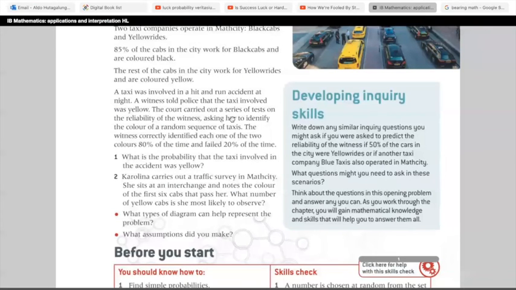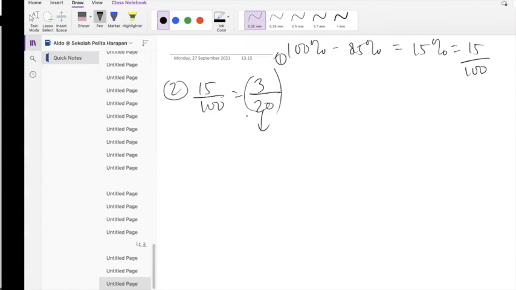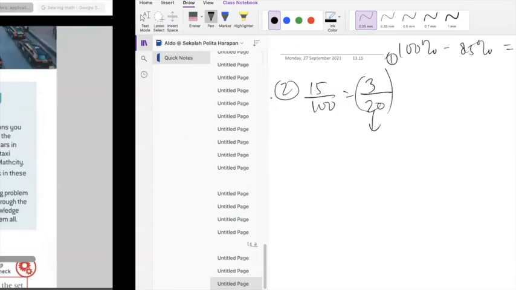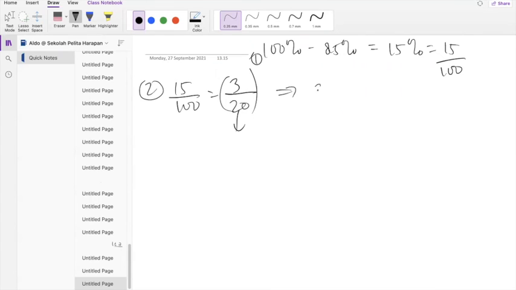After that, according to the witness, 80% of the time she identifies correctly. So this is 80% for the second piece of information. 80% is 80 over 100, or 8 over 10, or 4 over 5.